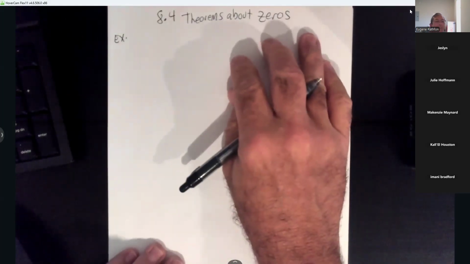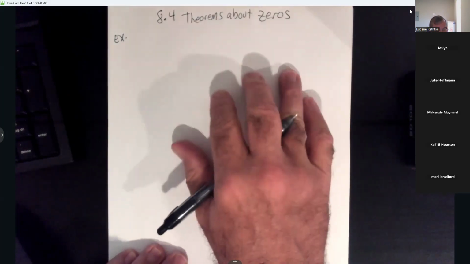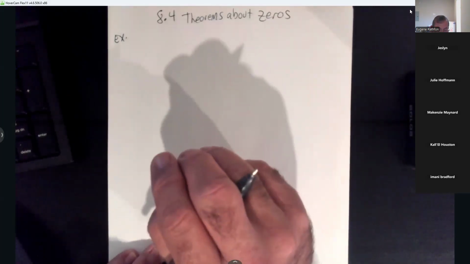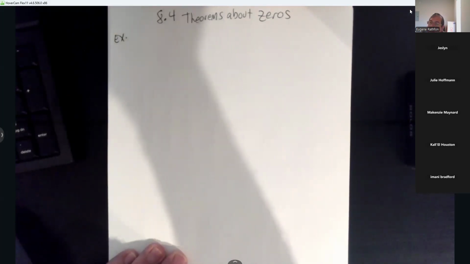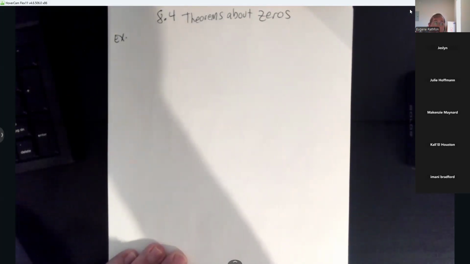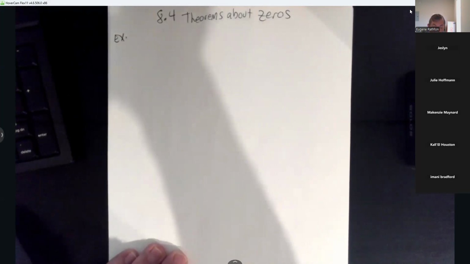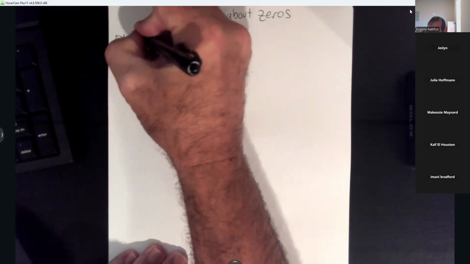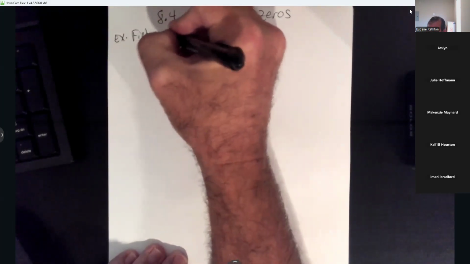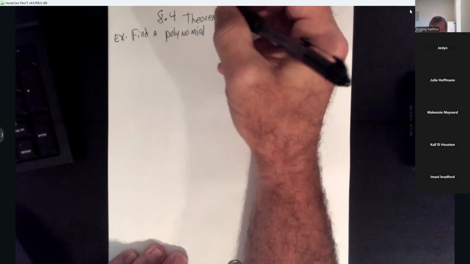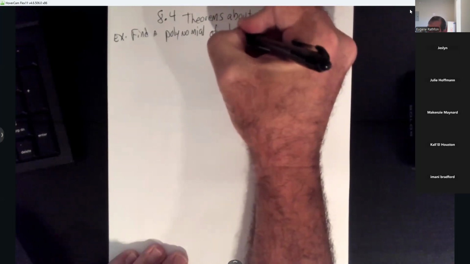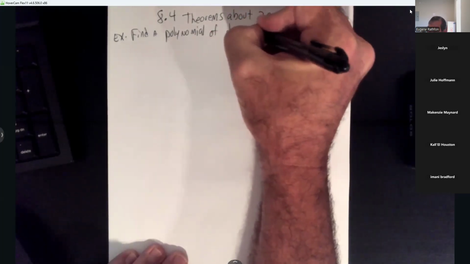So I'll sort of explain the steps as we do these problems. So we're going to start out with 3 real numbers first, and then they'll give me imaginary numbers, and then they'll even do radicals on us, okay? So first of all, find a polynomial of degree 3.